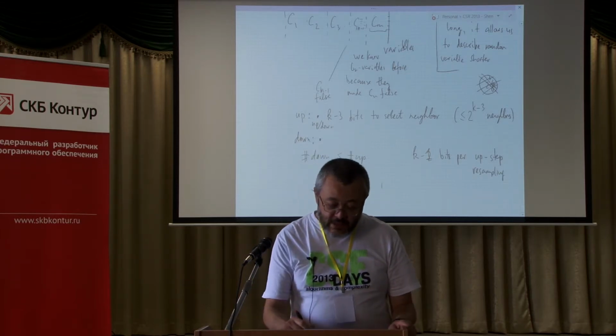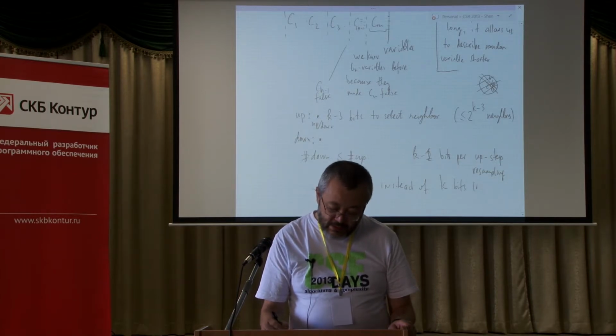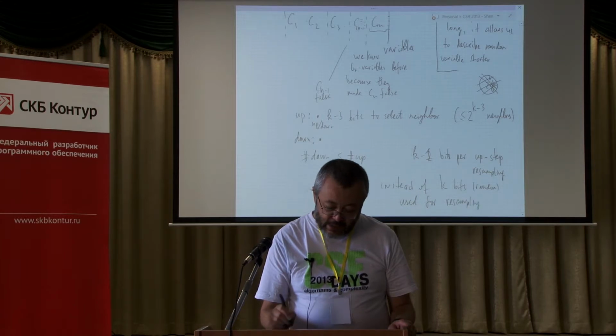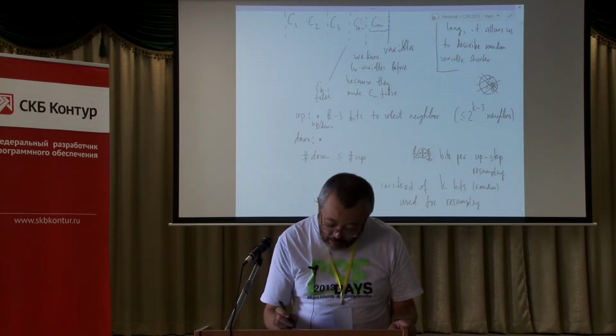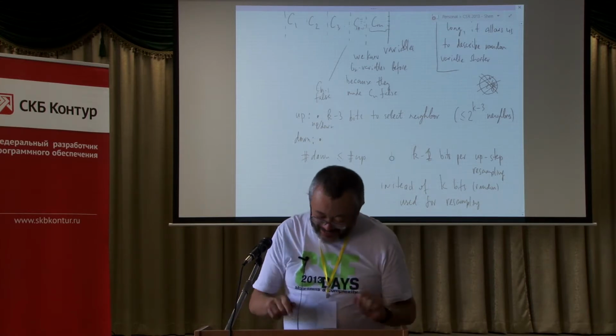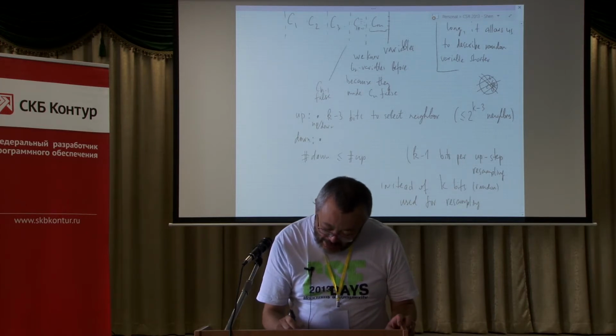And this is instead of k random bits used for resampling. So what we see is this, wow, what an interesting thing. Okay, so we have k minus 1 bits.